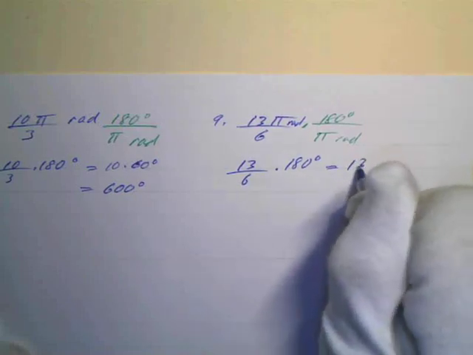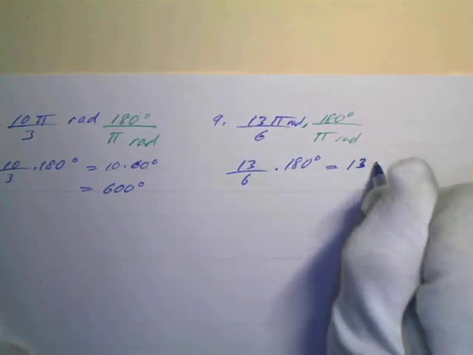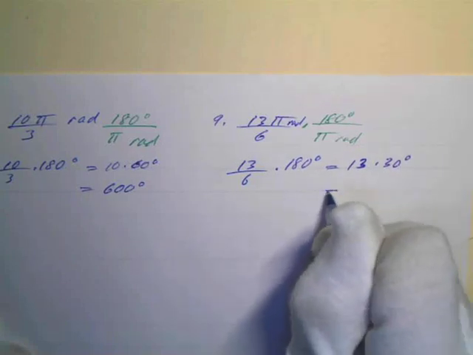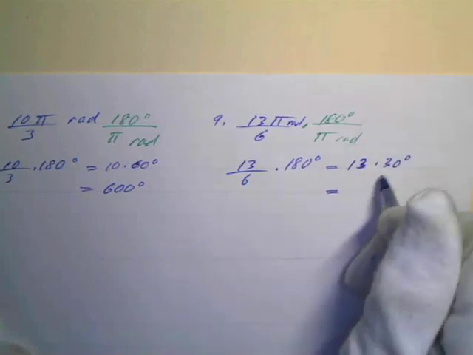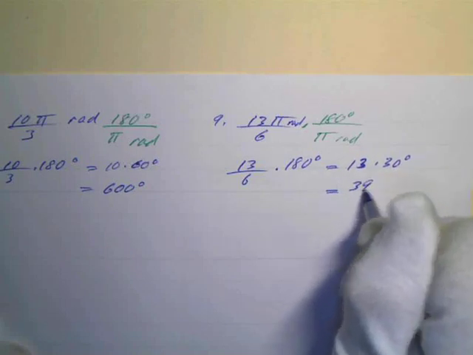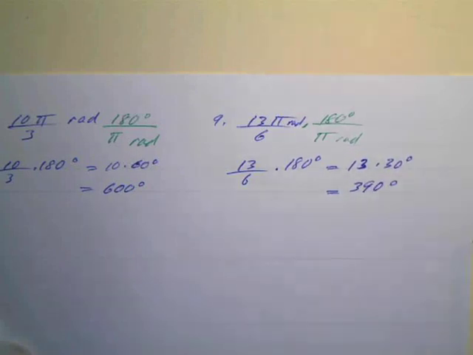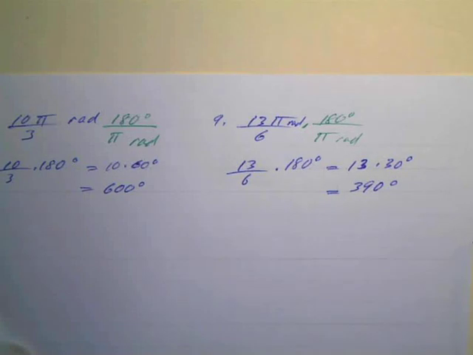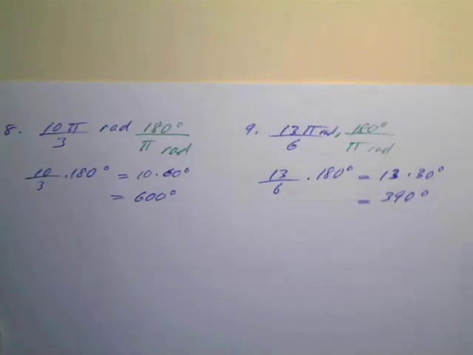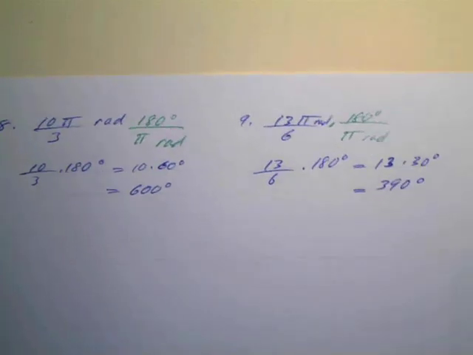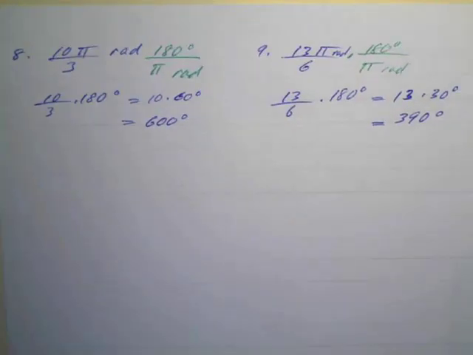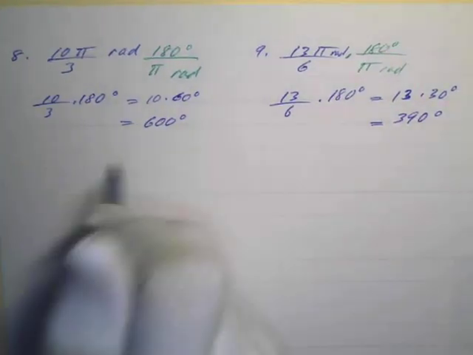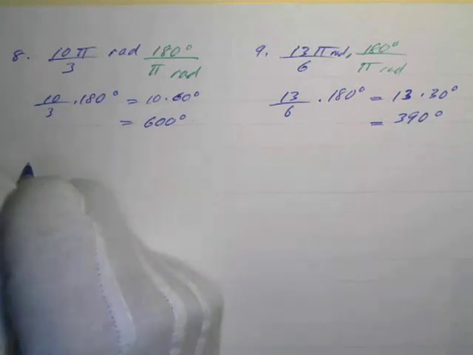So I got 13 times 30 degrees, and that should be 390 degrees. 13 times 3 is 39 with a 0, so we're okay. So you have to be up on your arithmetic, which I think is a prerequisite for this course. Basic arithmetic.